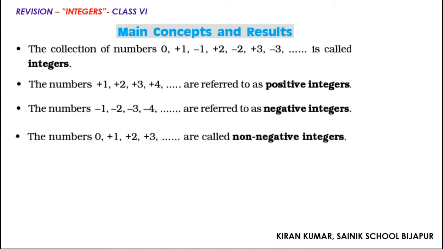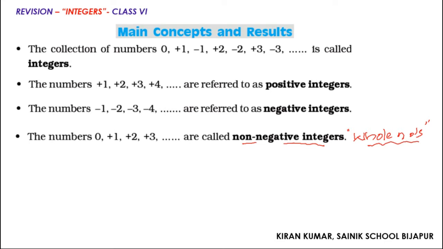followed by all the positive numbers, they are all called as non-negative integers. Importantly, you should note that this non-negative integers is same as the set of whole numbers. Whole numbers are same as the non-negative integers.